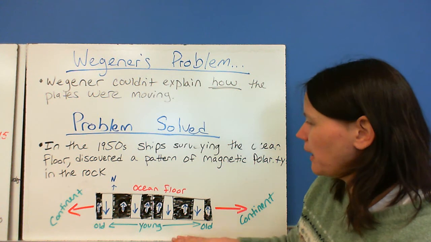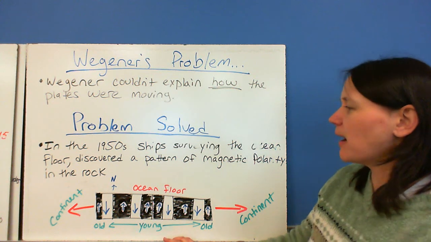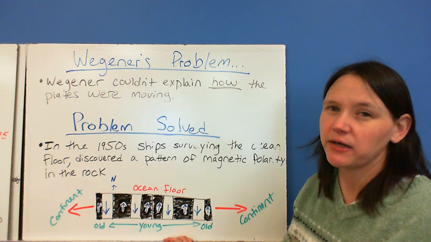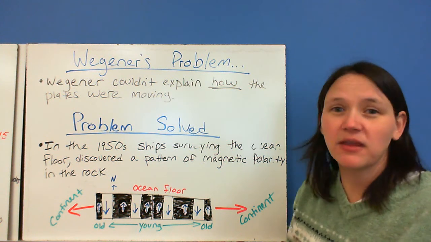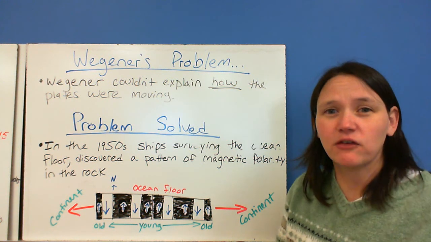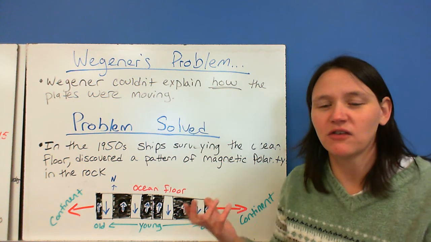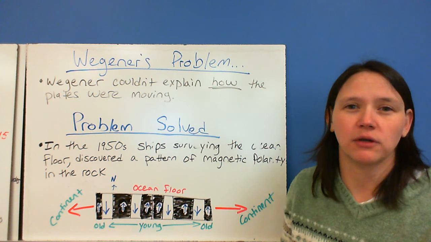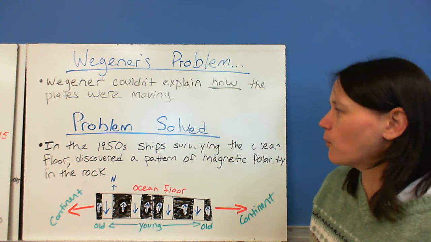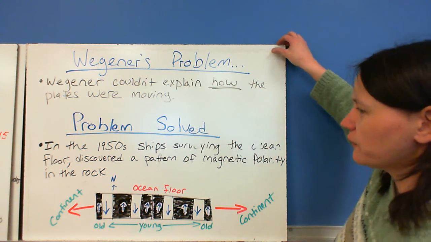And they were able to figure this out by just looking at the magnetic polarity of the rock. It wasn't something that they were necessarily looking for, it's just something that they stumbled upon. And this evidence was huge. This showed the plates were actually moving, and it helped to support Wegener and his theory.